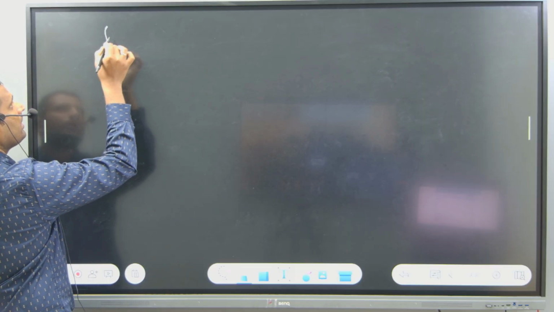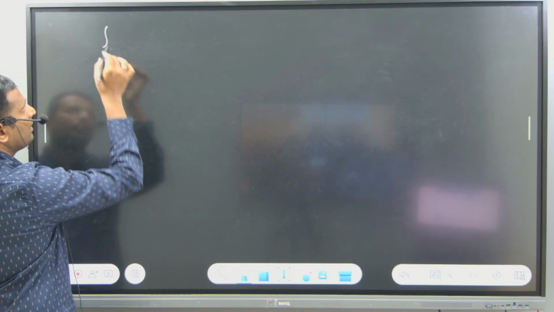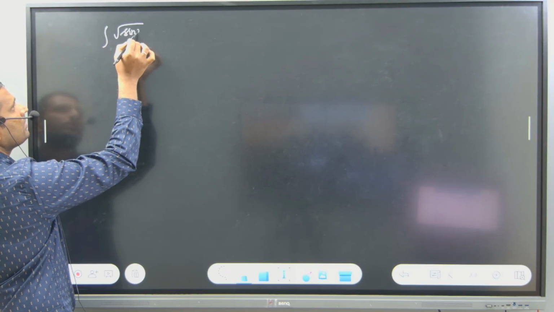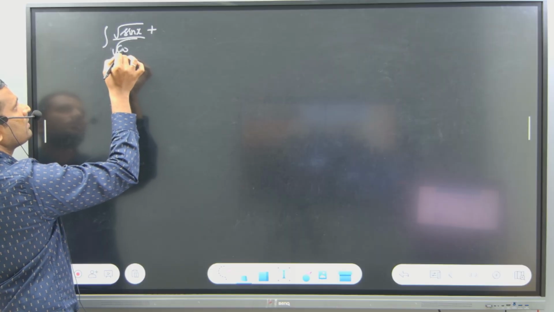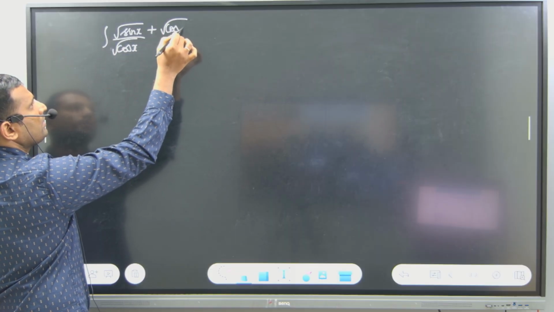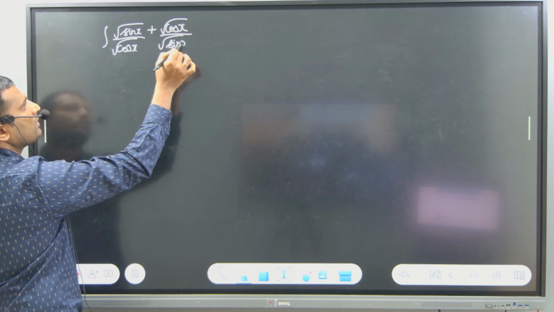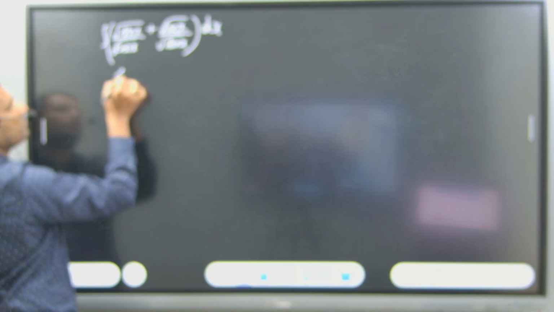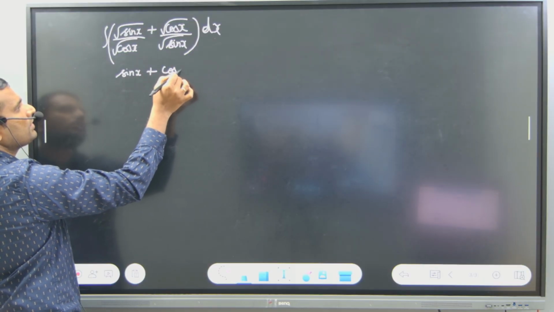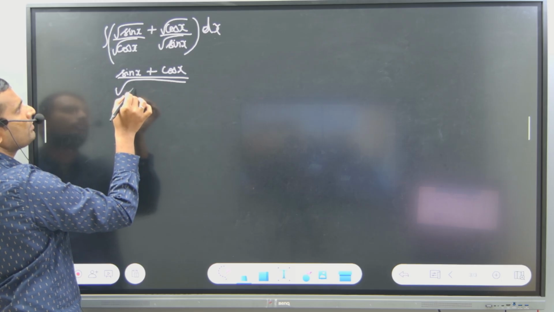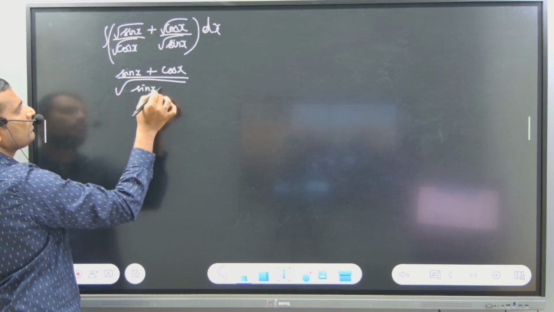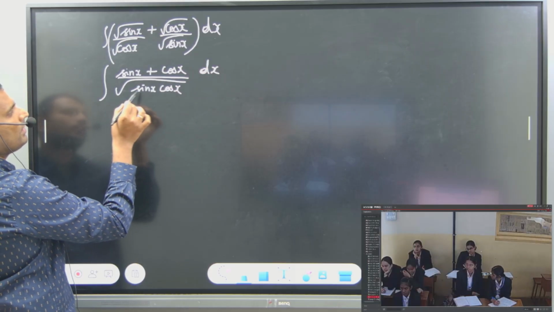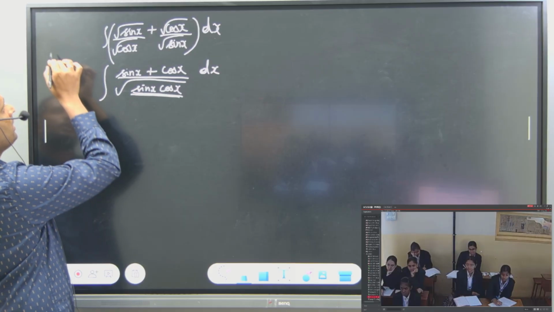Maybe if you write sine and cos, things may simplify. If I write tan as sine by cos, then what will we get? Sin x by cos x, then cos x by sin x. Now can you expand? When you take LCM, you will get sin x plus cos x divided by root of 2 sin x cos x, isn't it?